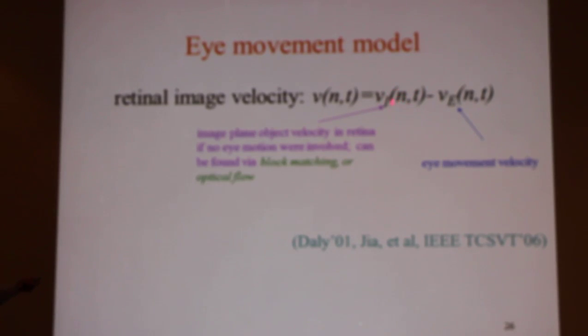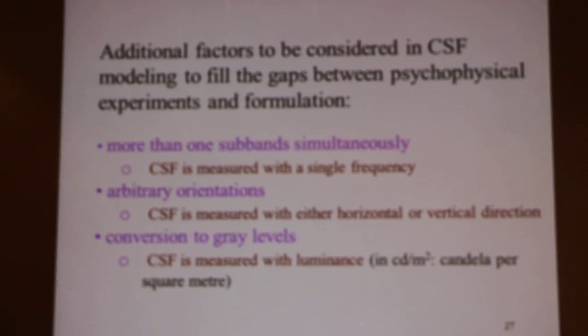This can be calculated from existing technology like block matching and also optical flow. After that, you need to compensate for the eye movement speed. Okay, so we do this, but I will not go into details because I try to leave out all the mathematics. I just talk about the idea due to the time constraint.